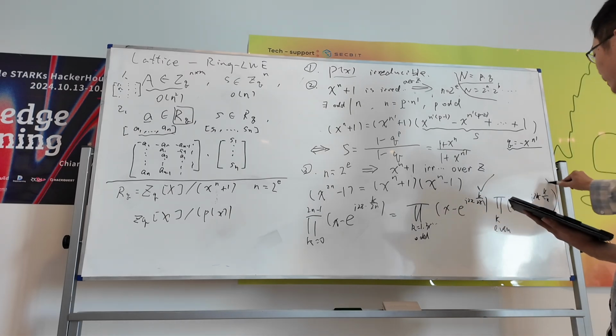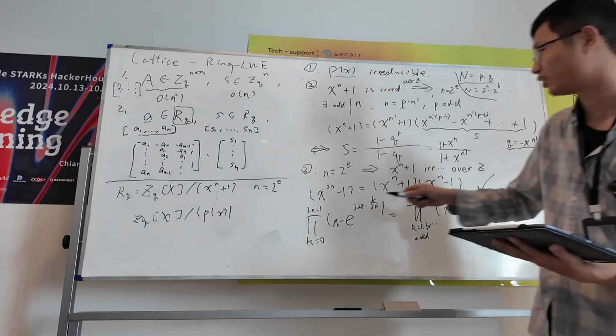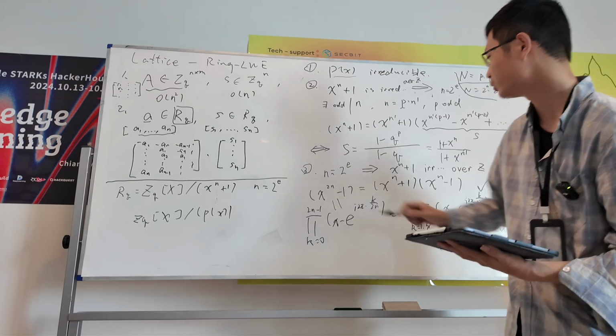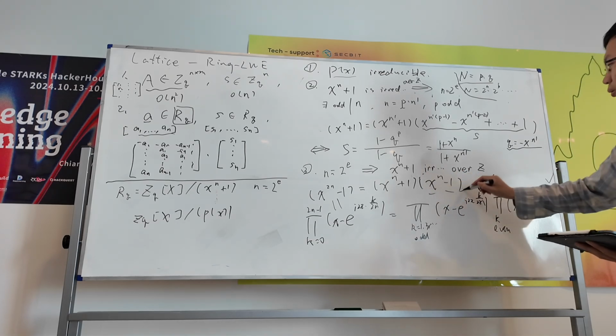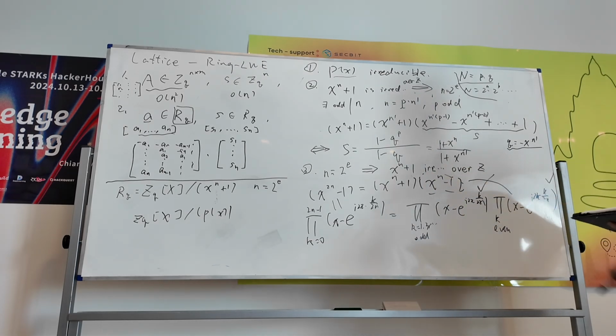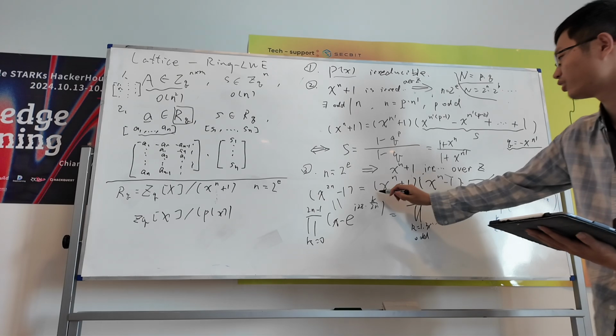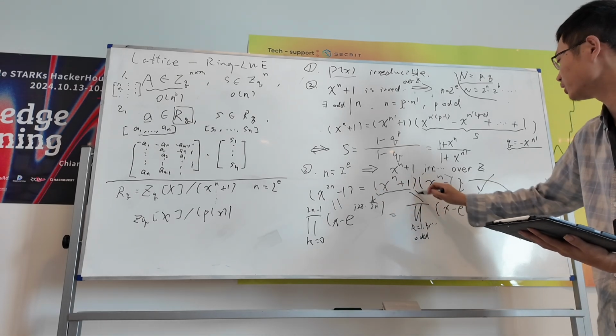This is also true, right? And you observe that this is equal to this. And by changing a variable, this term is also equal to this term. So we must have that this term is equal to this term.